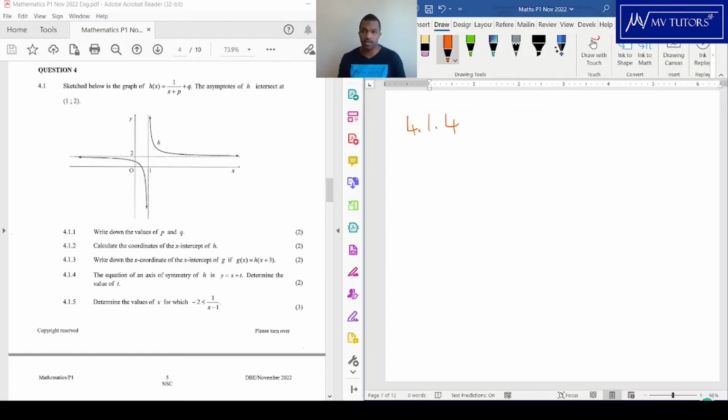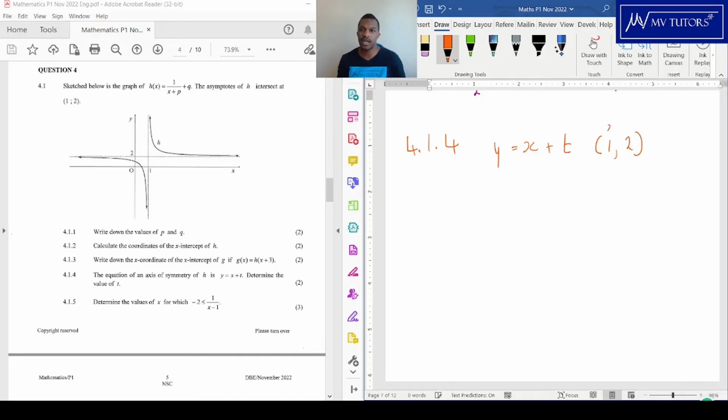Taking the positive one, y is equal to x plus t. To solve for t, we need to put in one point where this graph is passing, and we know for sure it's passing through the intersection, which we have been given.